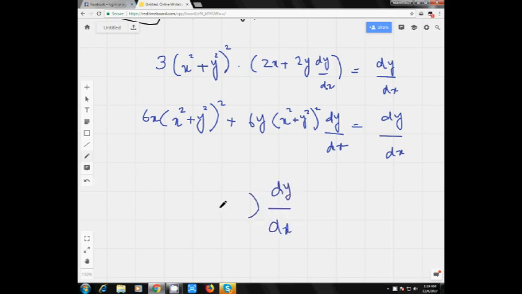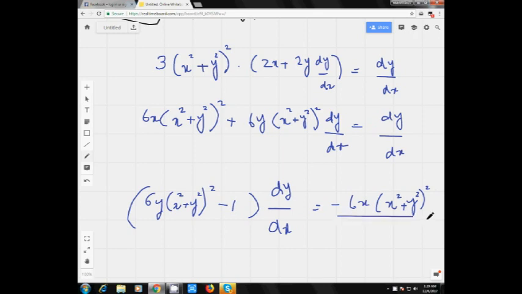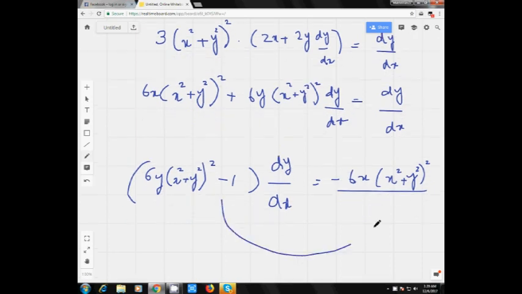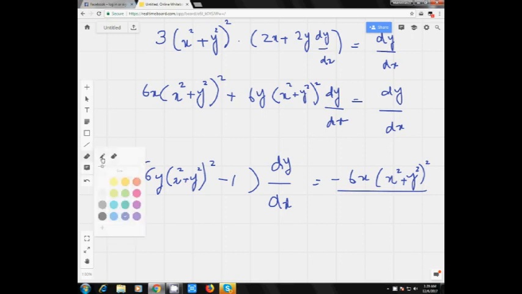You may find minus 1 and 6y times (x square plus y square) whole square to be equal to minus 6x times (x square plus y square) whole square, and in the next step bring this quantity here and it would be your final result: 6y times (x square plus y square) whole square minus 1, and remove it from here.